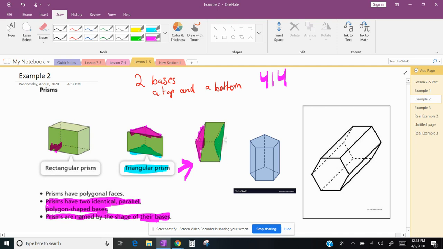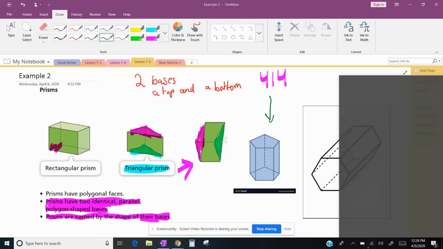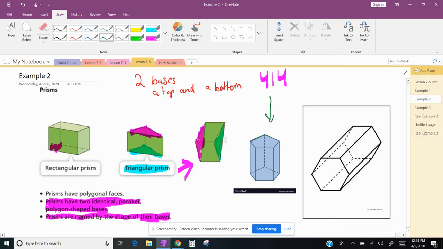So if I think of this one over to the right, I need to think of the shape of this base. See, 1, 2, 3, 4, 5 sides right there on the top face. That would be a pentagon. So I would actually call this a pentagonal prism.